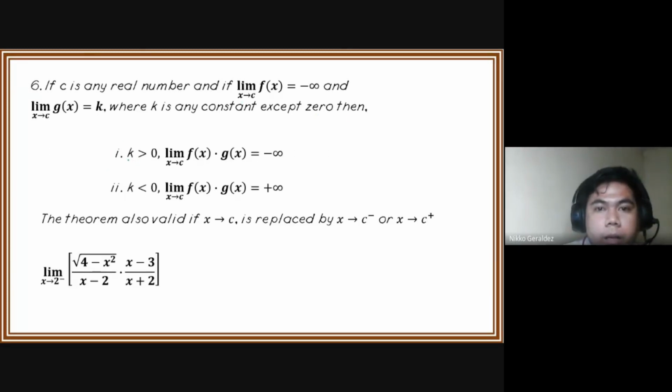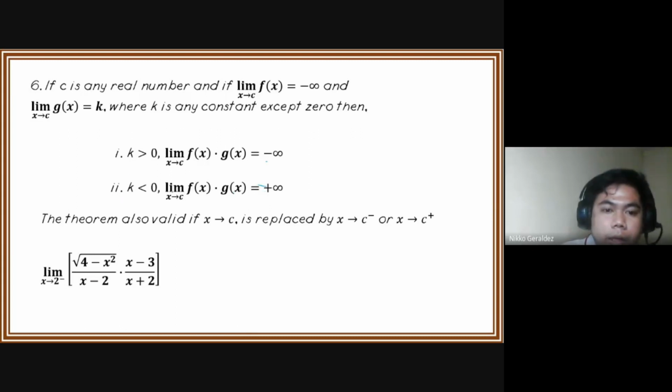If k is greater than 0 or positive, limit of f of x times g of x as x approaches c is equal to negative infinity. If k is less than 0 or negative, then limit of f of x times g of x as x approaches c is equal to positive infinity. No? Positive infinity.